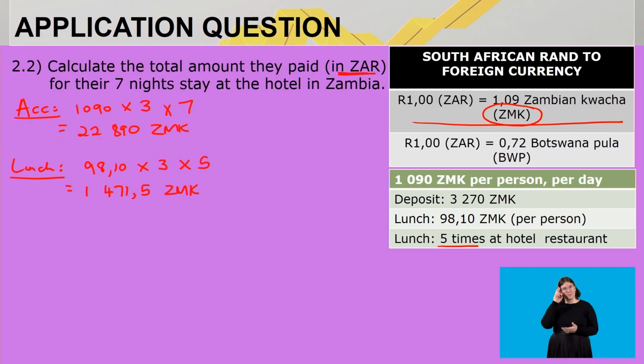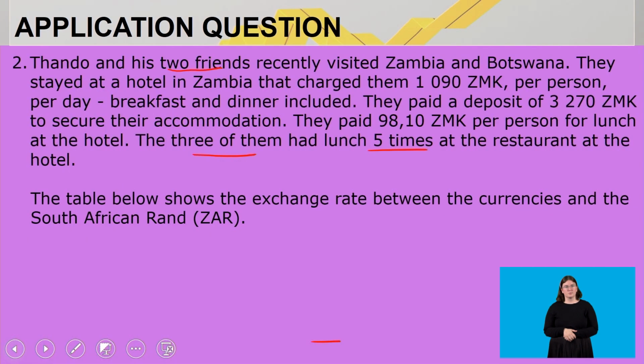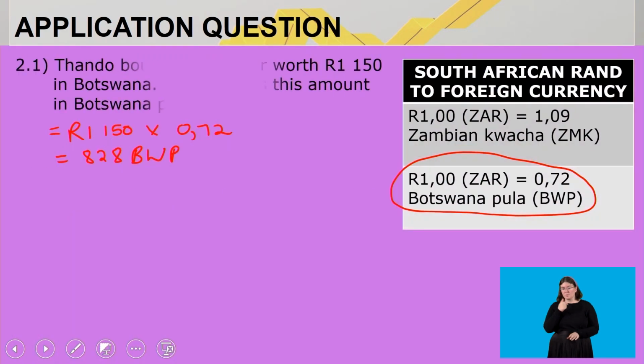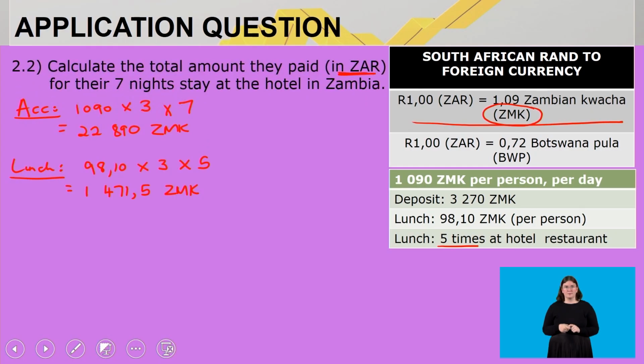Guys, what is important here? Remember, these guys, they paid. Okay, they've paid a deposit up front already. Now let me just quickly go and double check that amount. Right, so we'll see that in the context just now. Yeah, it's 3,270 ZMKs, right? So remember, if they already paid that, it must be then subtracted. We agree. Okay, so we are back. So therefore, I'll then, first of all, add the two amounts.